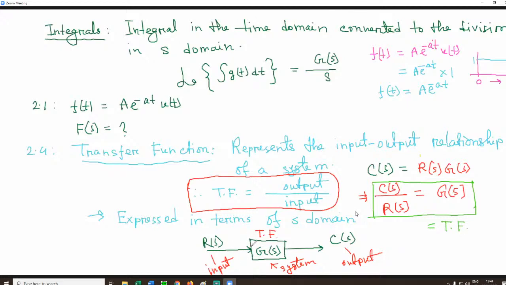Now, if you want to move to the closed loop system, then what will be the transfer function for the closed loop system? Okay, now let's talk about the closed loop system.